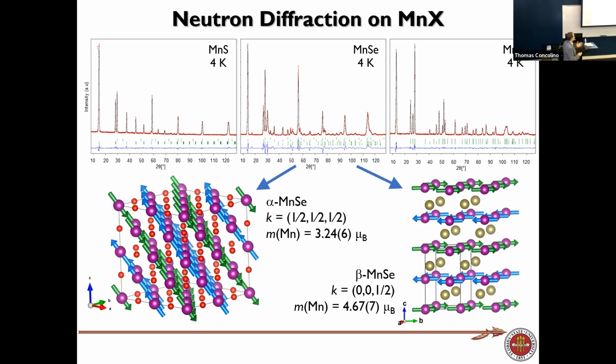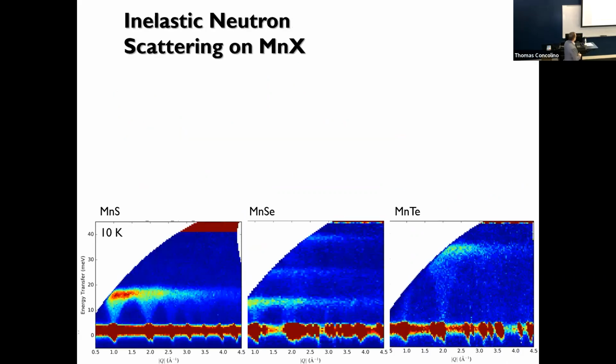Then we decided to go from here to inelastic neutron scattering because we thought, okay, we should see excitations from both of these phases. We're going to extract and model them to get the J values like we did with manganese sulfide. And here is what we get. So here's manganese selenide, and these are for comparison to the inelastic neutron scattering patterns from manganese sulfide and manganese telluride.